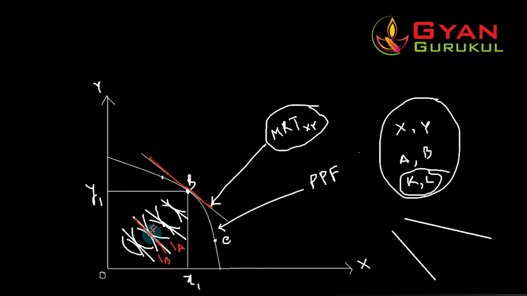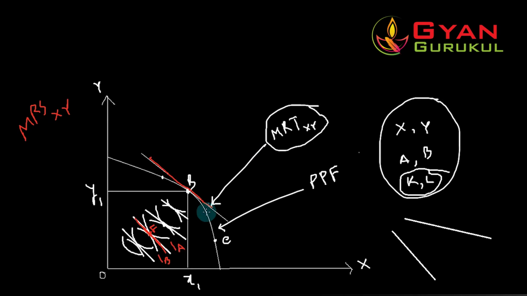Now, at any point on an indifference curve, if we draw the slope, then that particular slope shows us the marginal rate of substitution between x and y, right? We have already learned in our indifference curve analysis that at any particular point on the indifference curve, the slope means the marginal rate of substitution between x and y at that point.